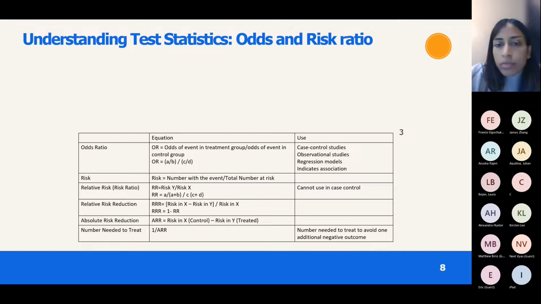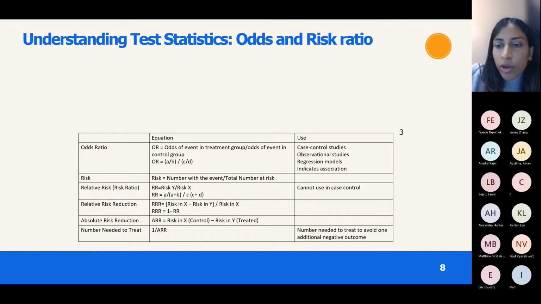So the next thing to talk about is odds and risk ratio. So odds ratio is looking at the odds in a treatment group versus the odds in a control group. And this is used mostly in case control studies.